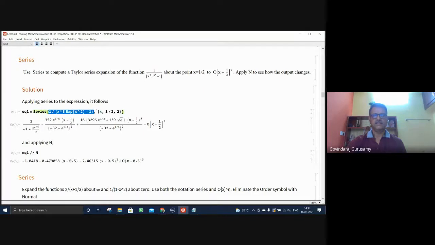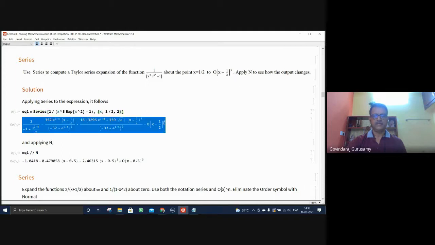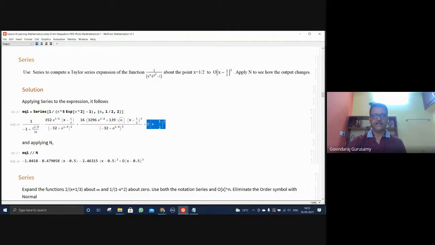This is the series we wanted to expand: 1 divided by x power 5 times exponential x square minus 1, which is the denominator. We are expanding about the point half up to 2 powers, where you can see the third power is going to be the component of the error that is possible in this Taylor series expansion.